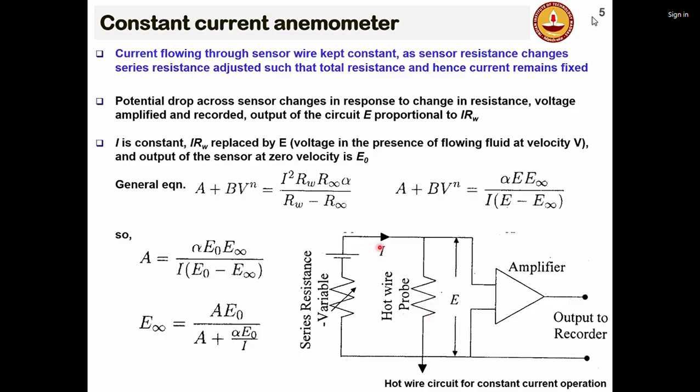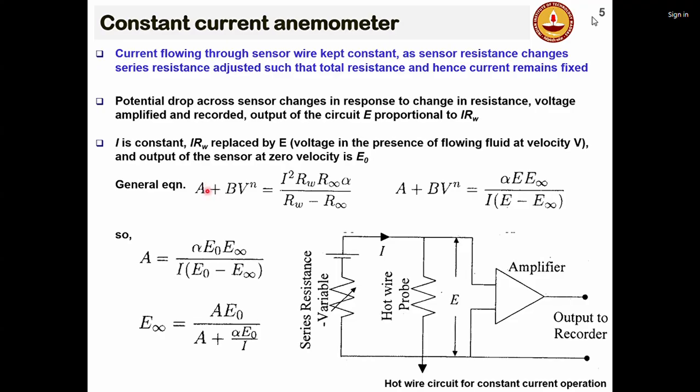But your aim is to keep the current constant. So in order to keep the current constant for a decreasing resistance here, you also need to come by varying this variable resistor such that the current comes back to its original value. Okay, the current remains constant. So this is basically the constant current anemometer.